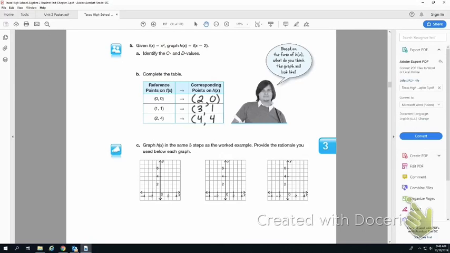So now going down to these graphs, it's a very step-by-step process of how it's showing you how to graph the parabola. The first thing I'm going to do is graph those reference points right there: 2, 0, 3, 1, 4, 4. The points that we just wrote in that table up there.